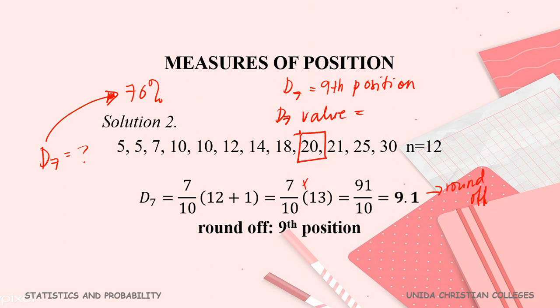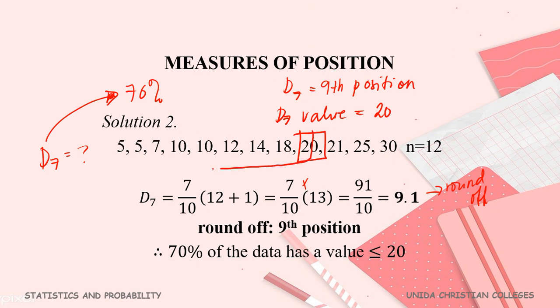So, ang 9 mo ngayon ay si 20. So, meaning, ang value po ng 7th decile mo ay 20, which is yung pang 9th position. So, what will be the interpretation? So, therefore, 70% of the data has a value less than or equal to 20. So, this is the 70% of your data.